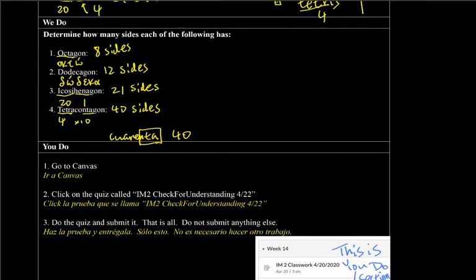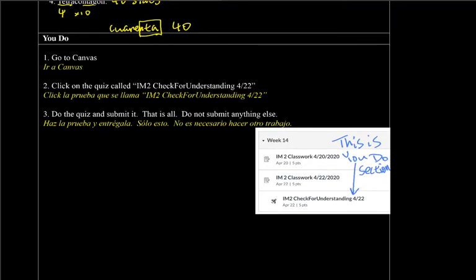Okay, so here is your you do section. I want to make this as easy as possible for you to do. So we're going to do a quiz on Canvas every day. Vamos a hacer una prueba de Canvas cada día porque creo que es más fácil para todos ustedes. So do the quiz and submit it, that is all. You have two things. First, watch the video, and then do and submit the quiz.